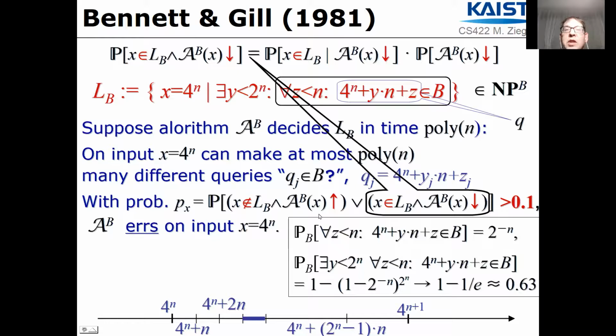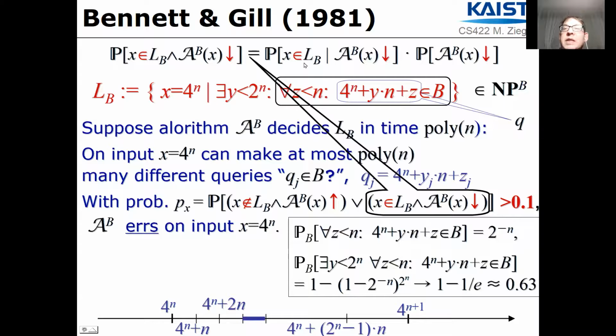Express that as a conditional probability times the probability that the algorithm accepts. Suppose now in this case that the probability for the algorithm to accept is at least 50%, right? So if it's less than 50%, then we're in the case that we've just covered. If the probability is at least 50%, then make the same analysis and argument again.